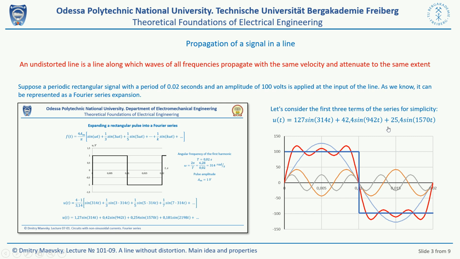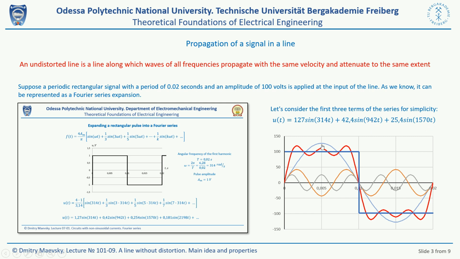As we can see, the amplitudes of the third and fifth harmonics are smaller than the amplitude of the first harmonic by a factor of 3 and 5 respectively. And the initial phases of all three harmonics are 0.